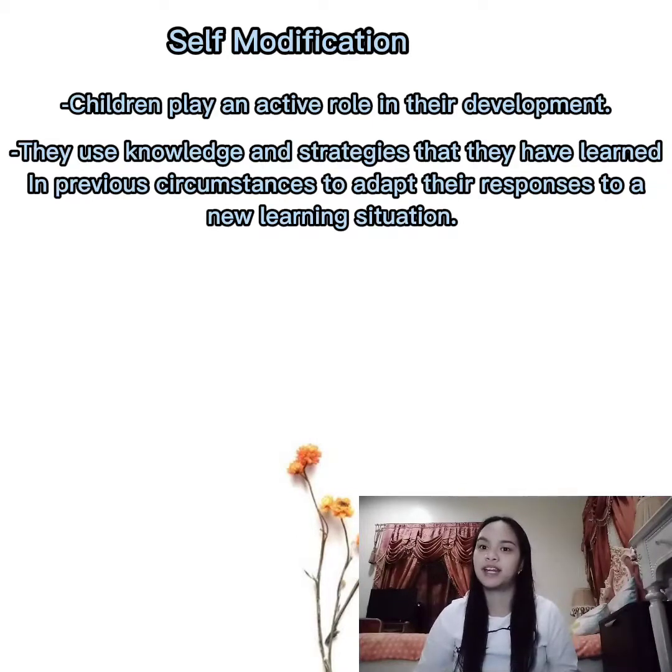In this manner, children build newer and more sophisticated responses from prior knowledge and strategies. The importance of self-modification in processing information is exemplified in metacognition, which means cognition about cognition, or knowing about knowing.